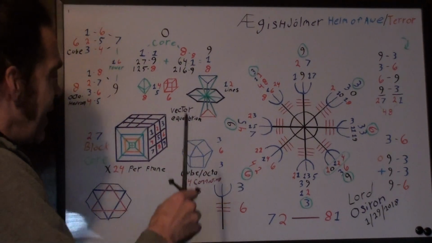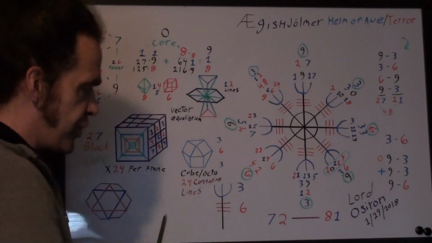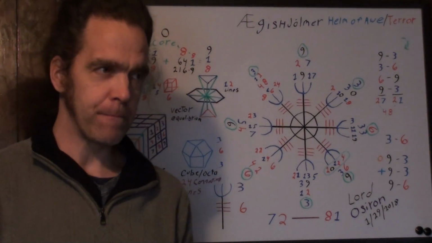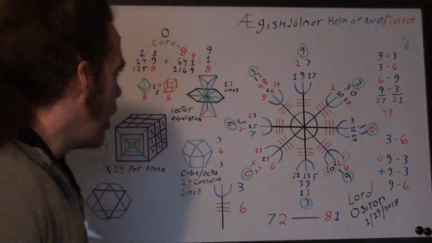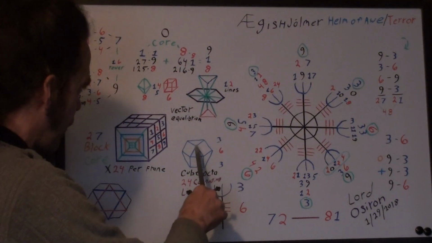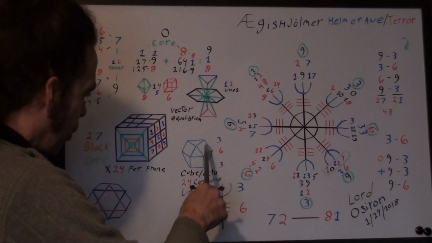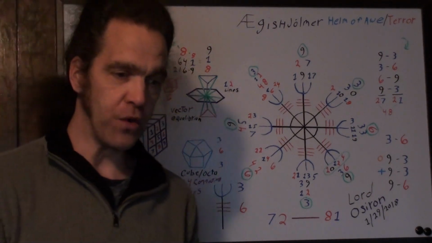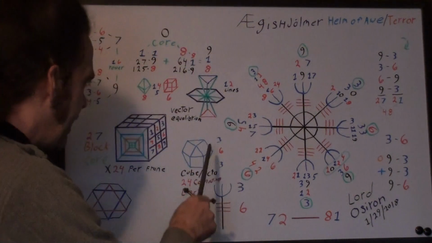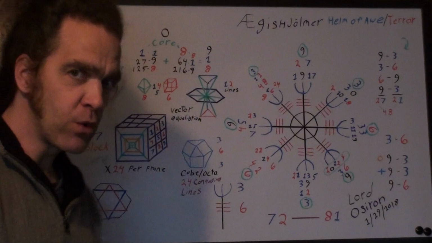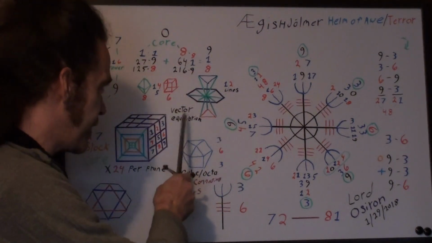And the cubeoctahedron also produces what they call vector equilibrium. What that means is all the nodal points on the cubeoctahedron connect to the center point with equal length lines. So every connecting line on the structure has equal length, and that forms what they call vector equilibrium.